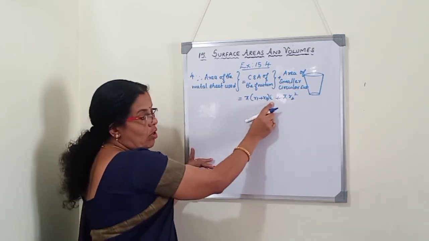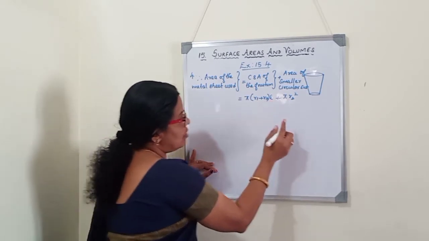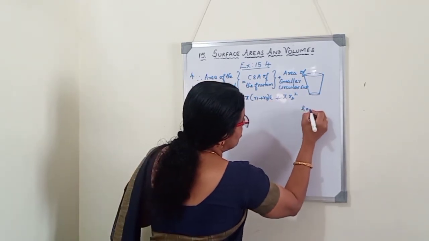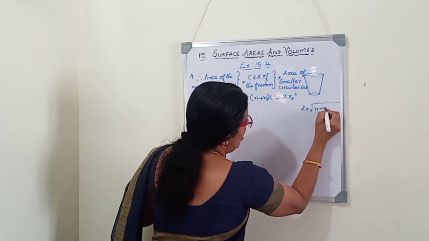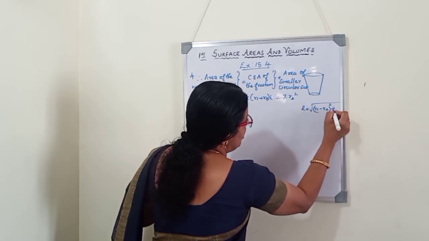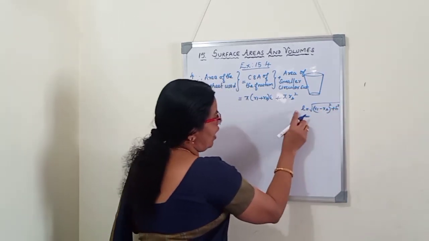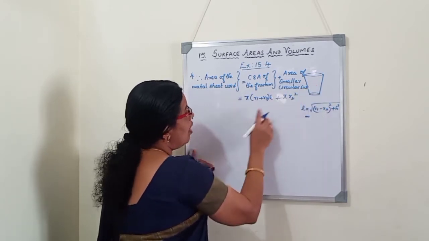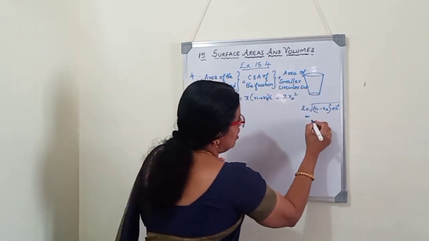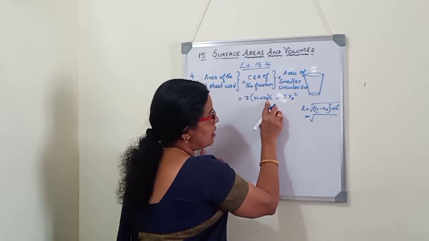But here L is not given, we should find L. So to find L, the formula is square root of R1 minus R2 the whole square plus h square, the formula to find slant height of the frustum of a cone. Here R1 is 20 and R2 is 8.